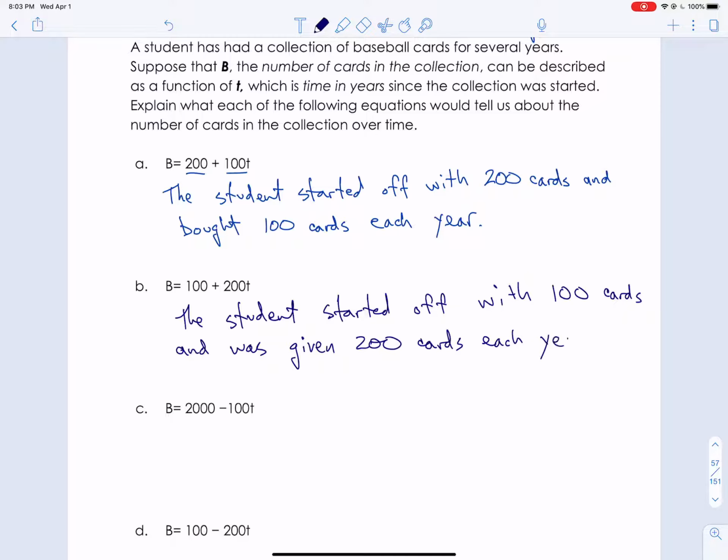So as a birthday gift, Christmas, whatever, was given. So it's still taking it, so adding to the collection.